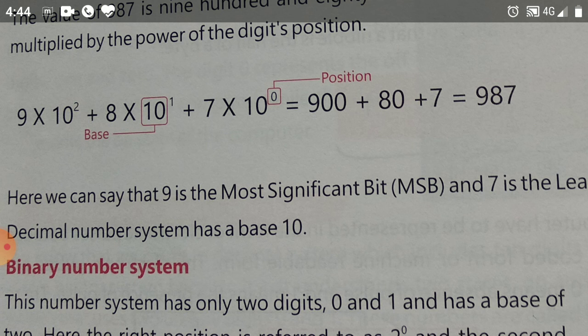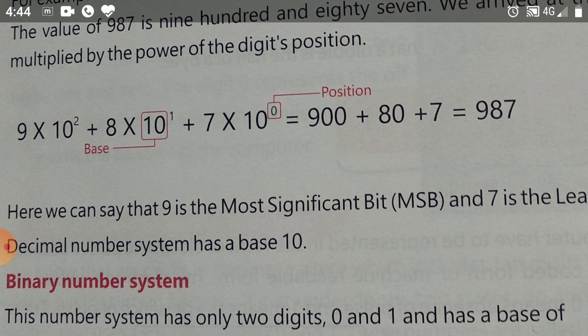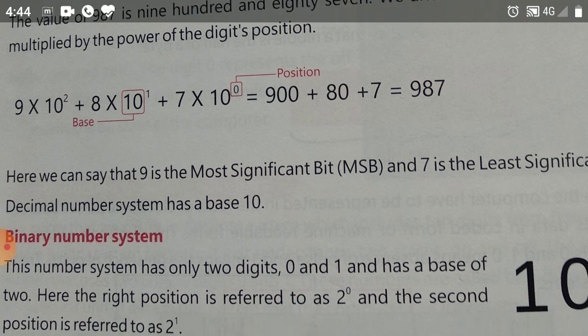So in 987, 7 is multiplied by 10 raised to 0, 8 by 10 raised to 1, and 9 by 10 raised to 2, because the place value of 9 is 900. And you have to add all these values. After multiplication we get 900 plus 80 plus 7, and when you add all three you get 987. So this is the actual representation of this decimal number 987.